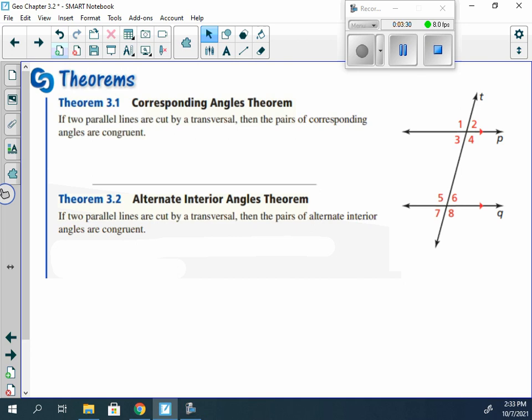So for us here, our corresponding angles would be congruent. So angle 1 for this figure here would be congruent to angle 5. Angle 2 would be congruent to angle 6.